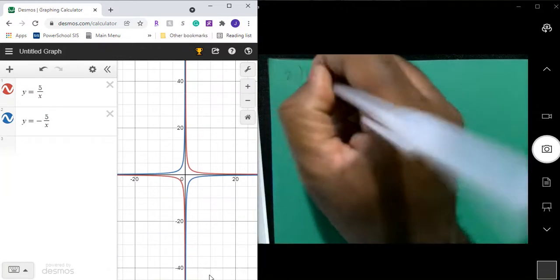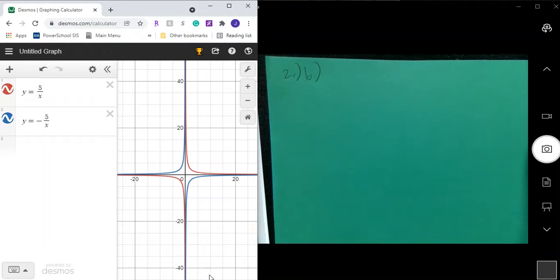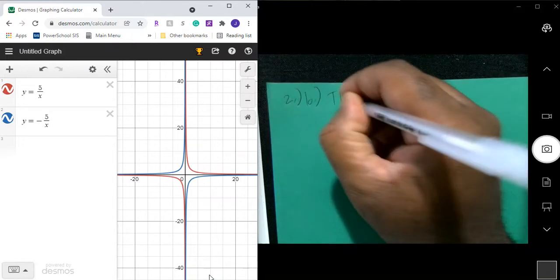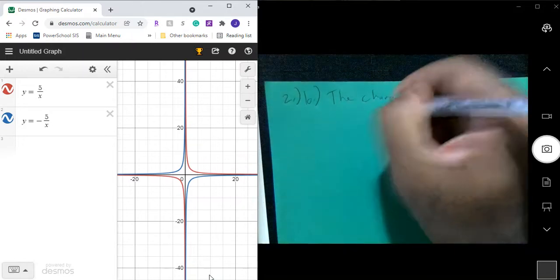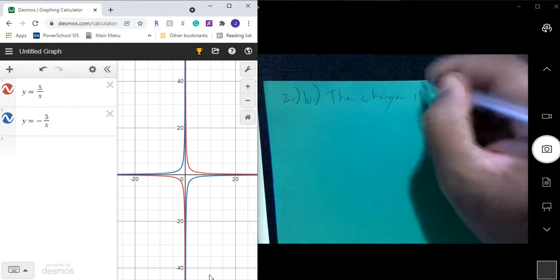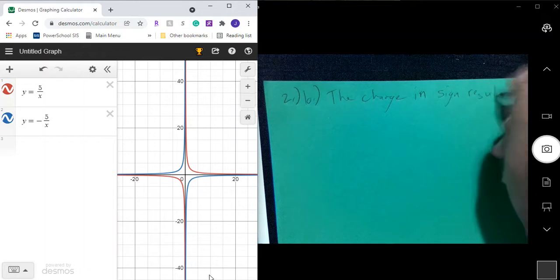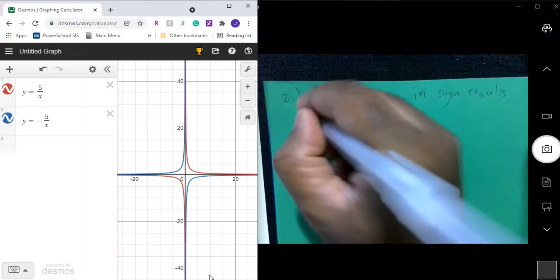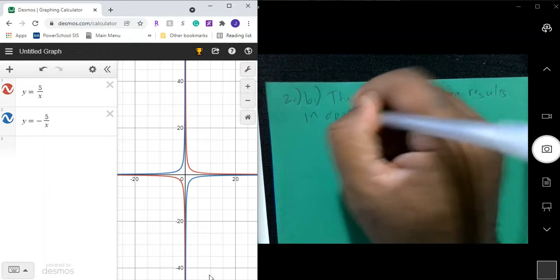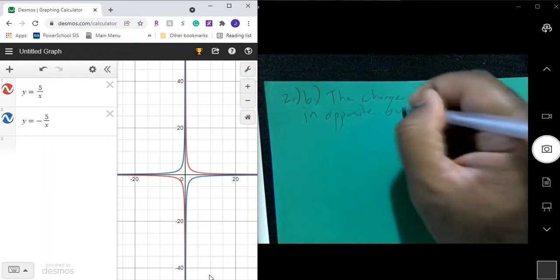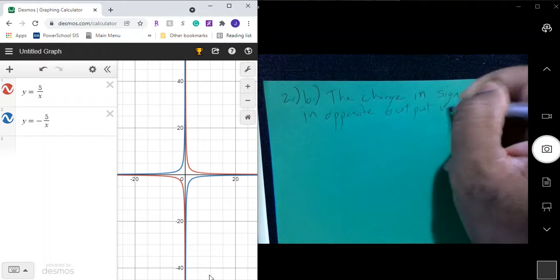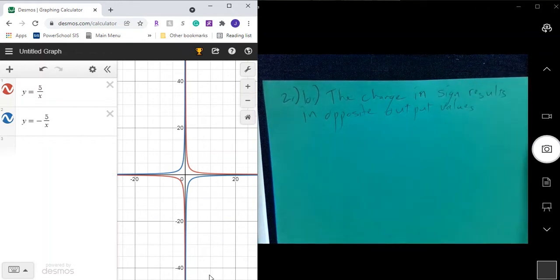So with 2B, it says describe how the graph of G can be obtained from the graph of function f. Okay, so basically the change in sign results in opposite output values. And we know opposite output values are basically our y values.